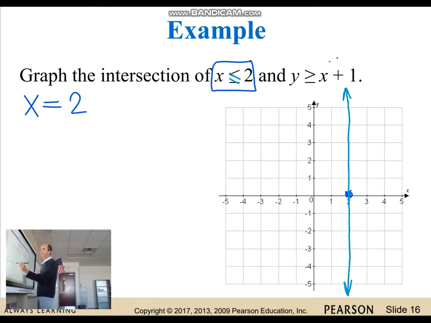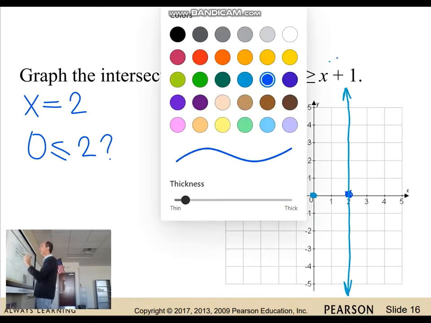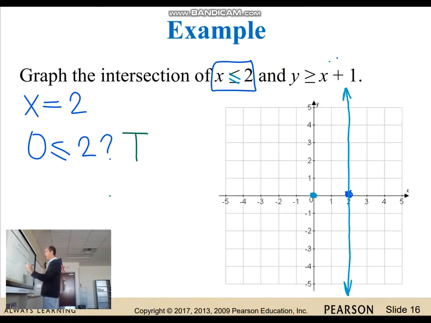Now apply the testing point. Can we apply? Yes, the testing point is right here. It's not on the boundary. So let's try the testing point. 0 is less or equal than 2. What do you think? This is a true or a false statement? I can say yes, it is a true statement. 0 is less than 2.